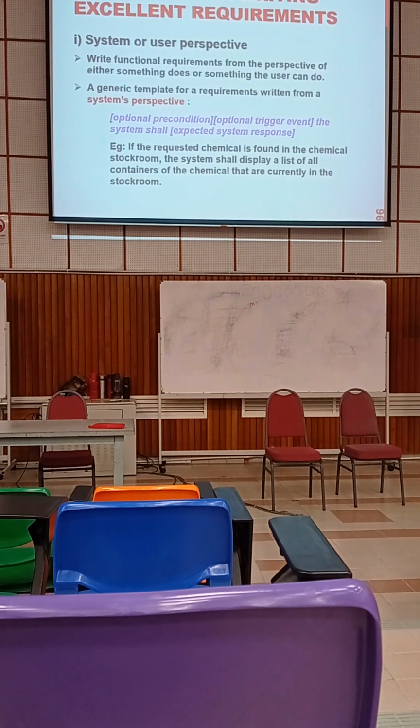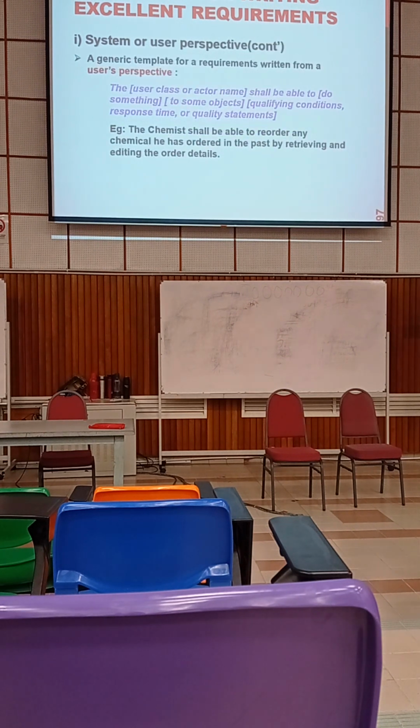Must document nicely. Okay? Example, if the requested chemical is found in the chemical stock room, the system shall display a list of all containers of the chemical that are currently in the stock room. So this is system perspective. Okay? So no user involved, you see? Okay, this is user perspective.